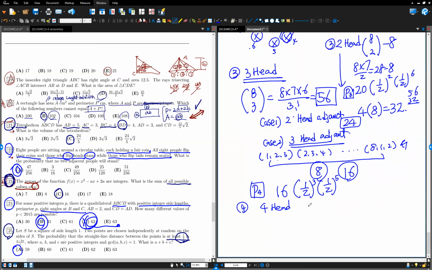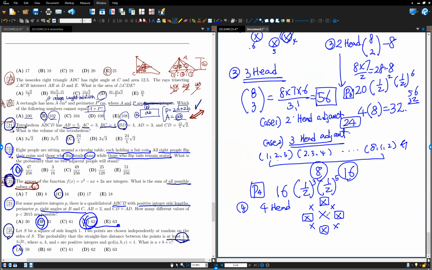How many different ways for 4 heads? 1, 2, 3, 4, 5, 6, 7, 8. 4 heads, you can choose this: 1, 2, 3, 4. That's okay. Only one case. The other one is, you can use this one too. Okay? 2 cases only, right?